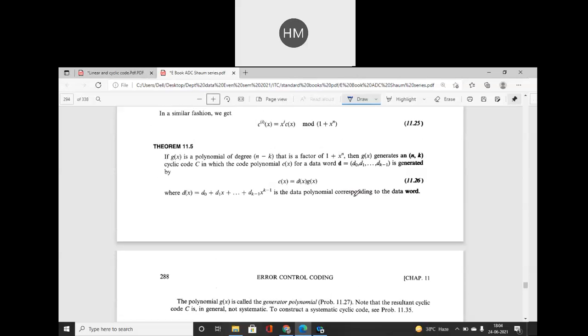So moving ahead in this, now students, how will we find the code word? Okay, so you can write, if g of x is a polynomial of degree n minus k. See students, the same thing is going on as in your linear block codes.